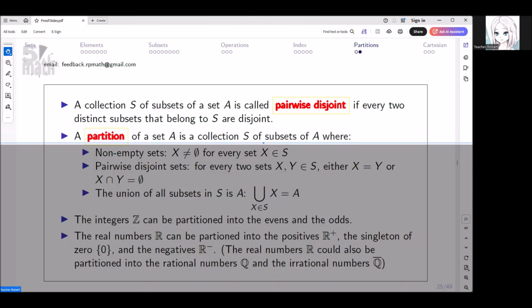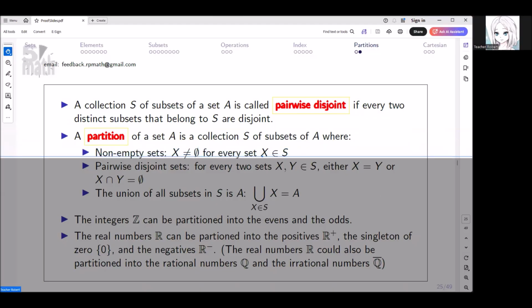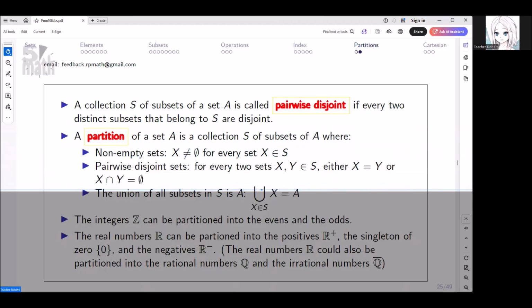A partition of set A is a collection S of subsets of A where: non-empty sets, x not equal to empty set for every set x element of S; pairwise disjoint sets, for every two sets x, y element of S, either x equals y or x intersection y equals empty set.